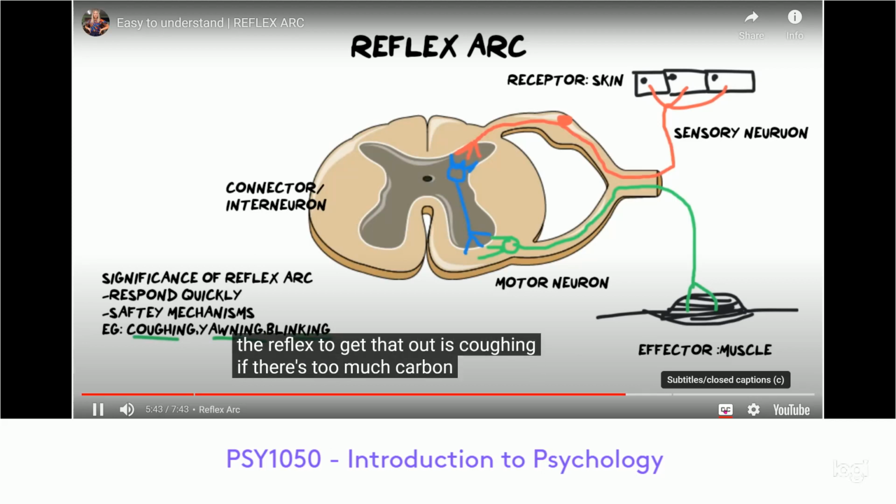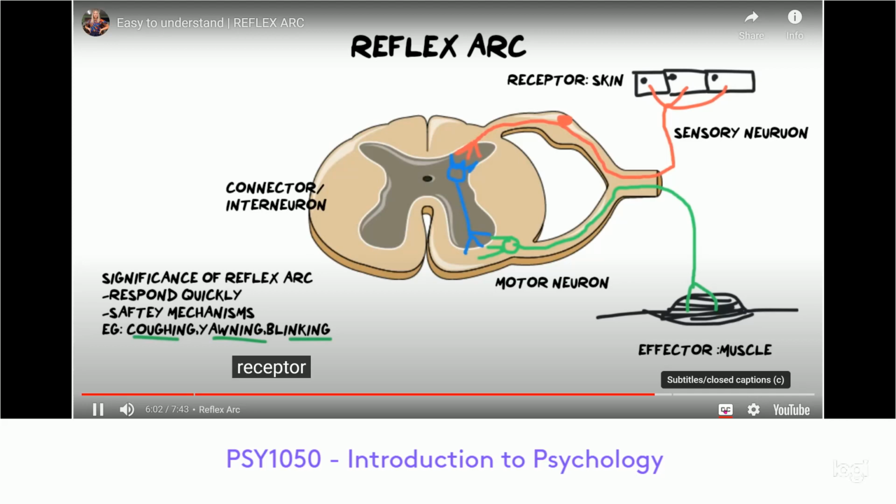If there's too much carbon dioxide in your blood, you yawn more so you get more oxygen in. And likewise with blinking, when somebody throws something at your face too quickly or you hear a loud sound, you generally blink as a way to protect your eyes, because they're one of the most important receptor organs that humans have. So we want to keep those safe.